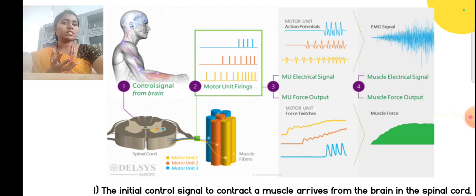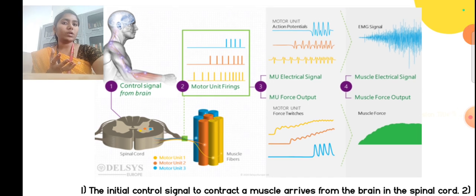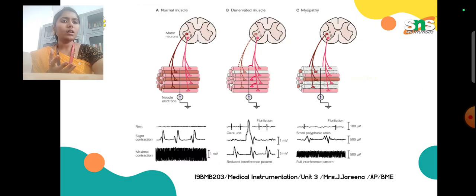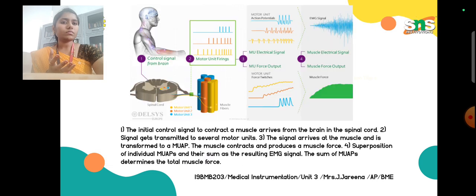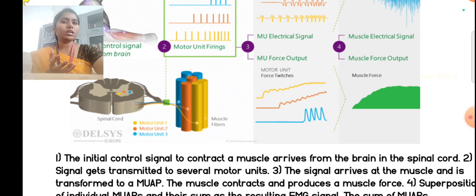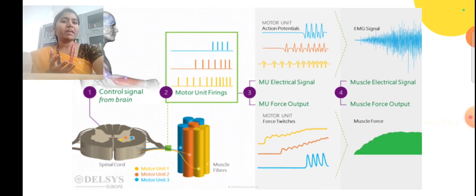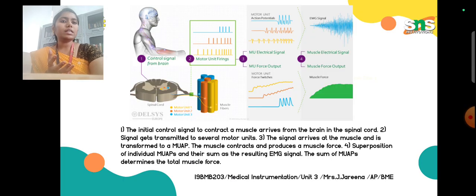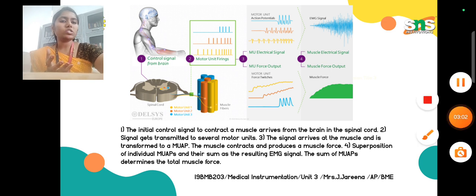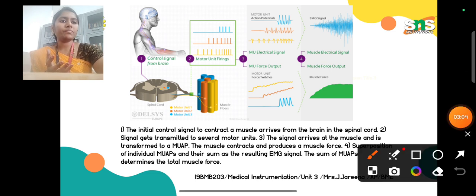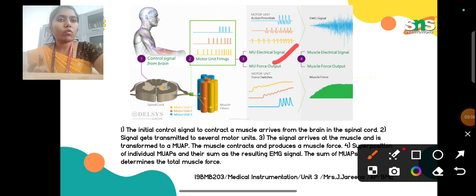Second, you can see the waveform of motor unit firings. Next you have the MU action potential, then the MU force output, which is the third waveform.